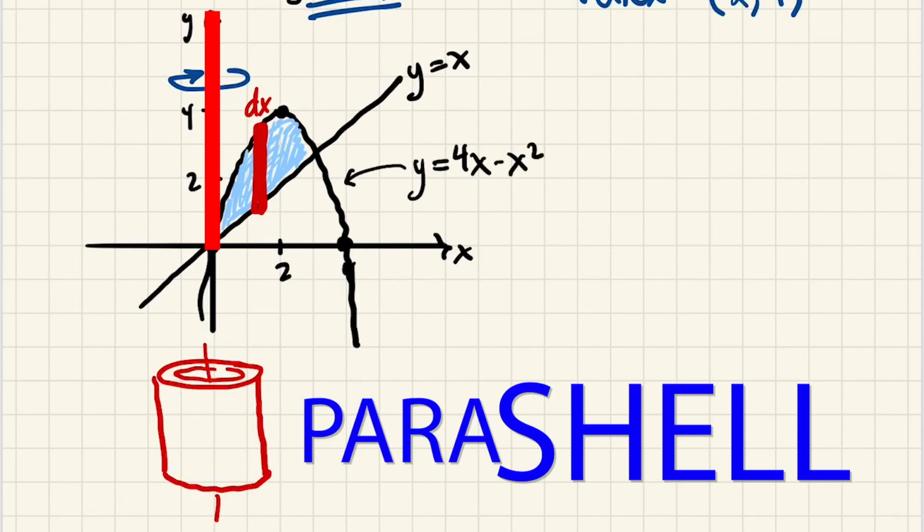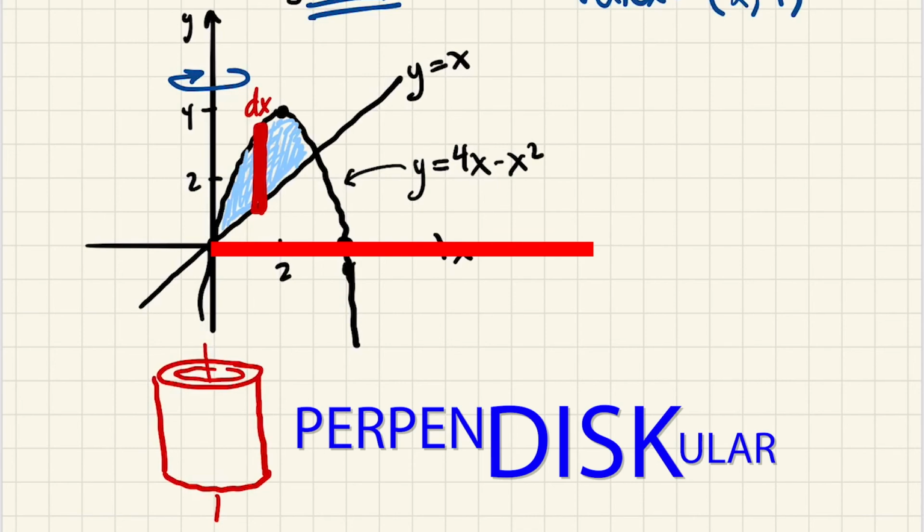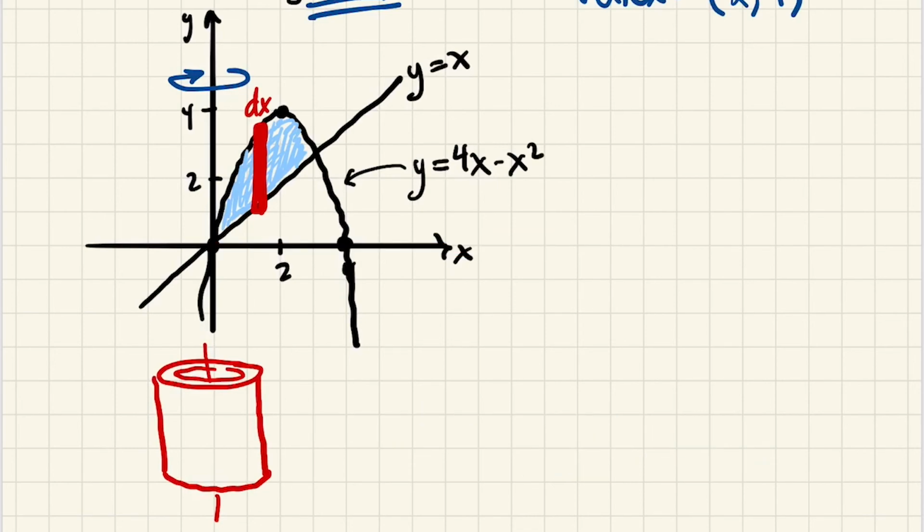So think of it as para-shell. If it's perpendicular to the axis of rotation, which would be the case if we were going around the x-axis in this case, then you use the disk or washer method, and the mnemonic being perpendicular. So here, our sample rectangle is para-shell with the axis of rotation, so we're using the shells method.